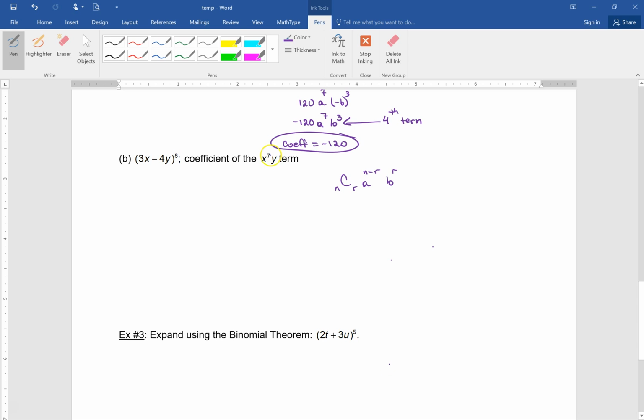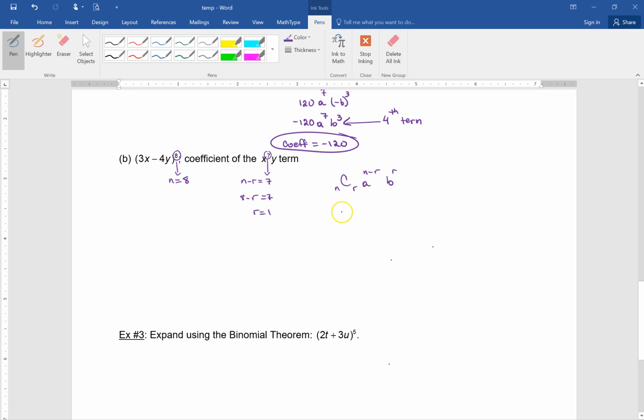That means this number is n minus r. How much is n? The exponent is n: 8. Well, how much is r then? 8 minus r is equal to 7. r is equal to 1. Okay?